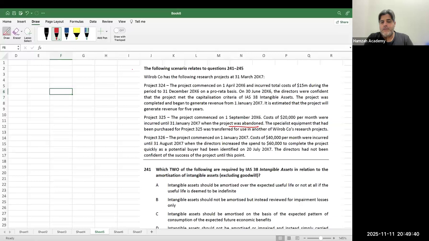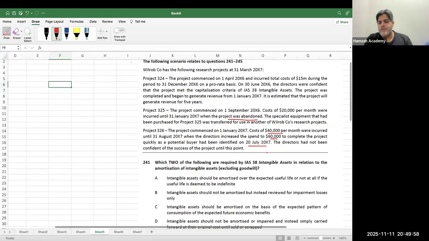Then project 326 commenced on 1st January 20x7. Costs of 40,000 per month were incurred until 31st August, when the directors increased the spend to 60,000 to complete the project quickly as a potential buyer had been identified on 20th July. So the directors had not been confident of the success of the project until this point.